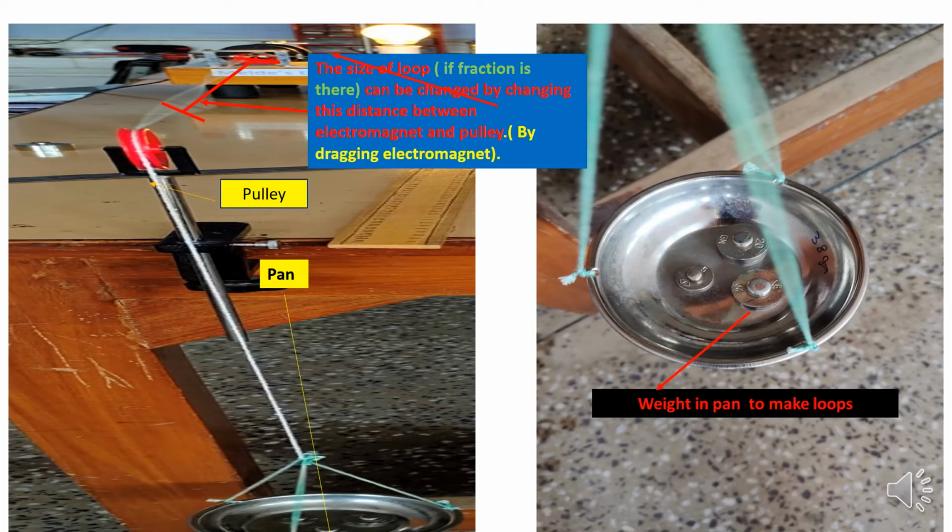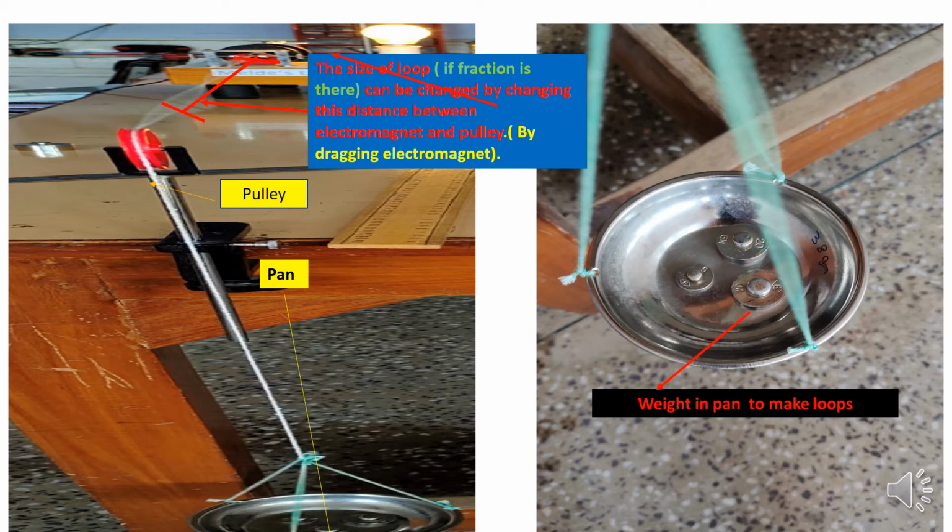Further, we will put the weight on the pan so that we can get loops in the thread. If some fraction of loops are there, we can adjust the length of the thread by moving the vibrator away from or towards the pulley. We will see the shape of the loops later on.